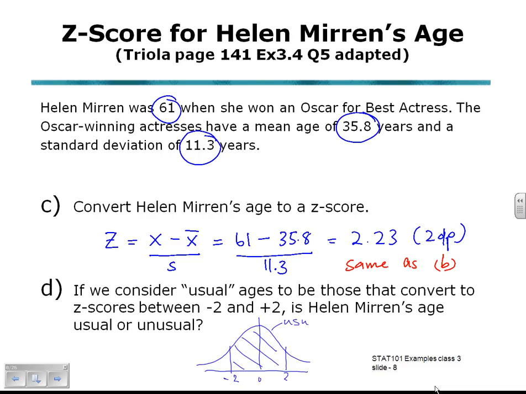The Z-score in part C was 2.23, which lies beyond that value of 2, the usual range. So in this case, Helen Mirren's age was definitely unusual. It's unusual for an actress to win an Oscar at the age of 61. And that's the end of example 2.